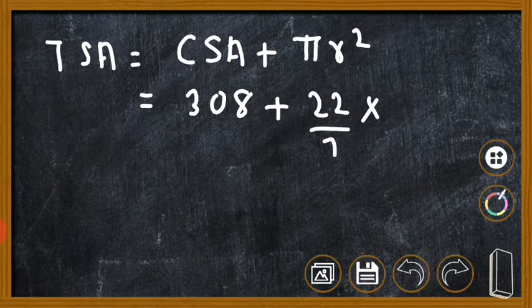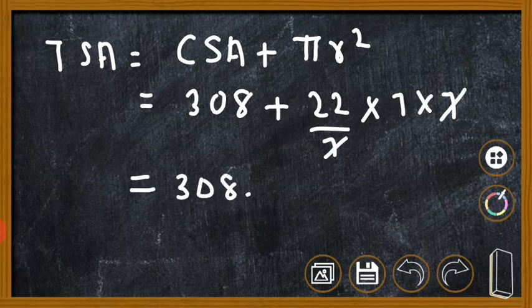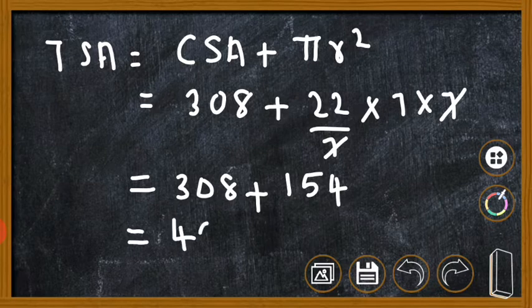Radius you already know, it is 7. So 7 into 7. So 7 and 7 we can cancel. So the remaining is 308 plus, if you multiply 22 into 7, you will get 154. So what is the final answer? 462, and the unit is centimeter square.